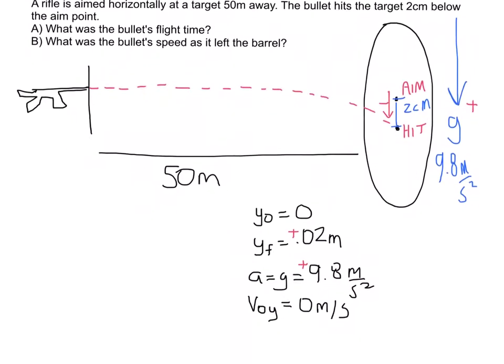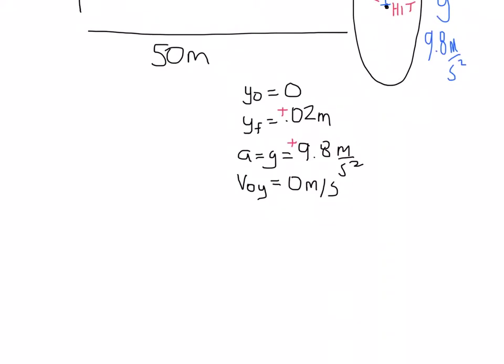So we're going to write out our equation: y final is going to be equal to y initial plus the initial velocity in the y direction times time plus 1/2 a in the y direction, and we know that a in the y direction is g, which is gravity, times t squared.